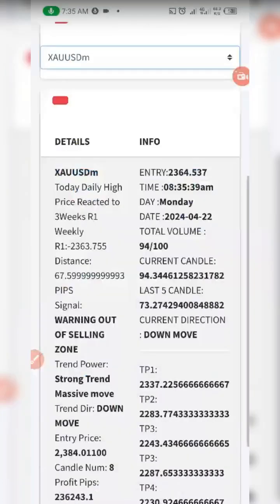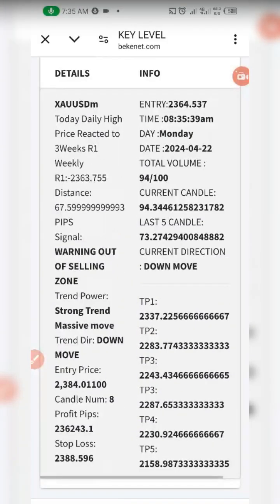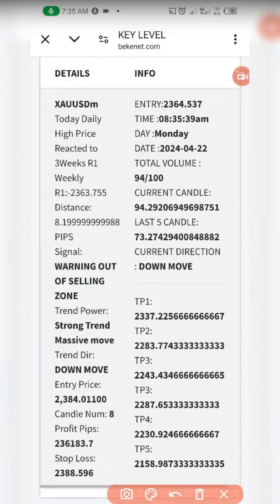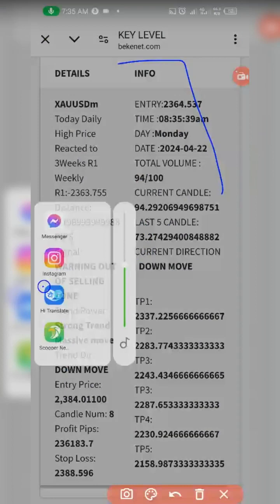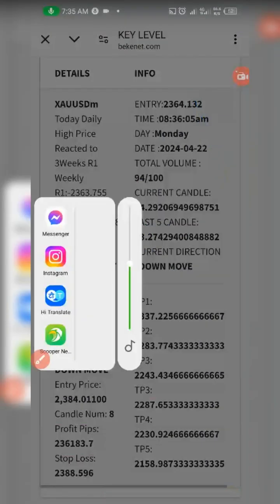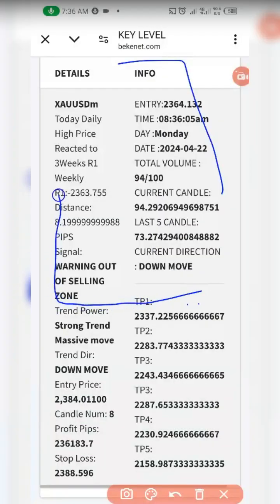So what are the rules here? What are the things you need to look out for? Now, this advanced key level has two setups. There's one from this point, from this point upward, you understand? From this point upward, there's a setup for it. At first, you might see something like a sell zone.